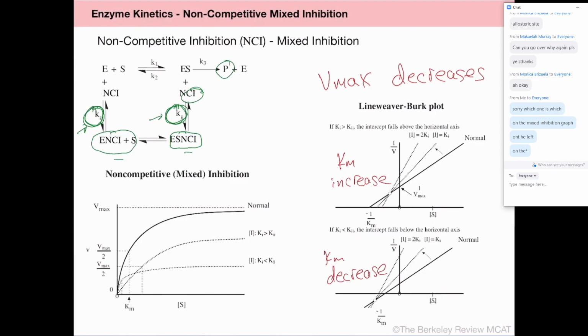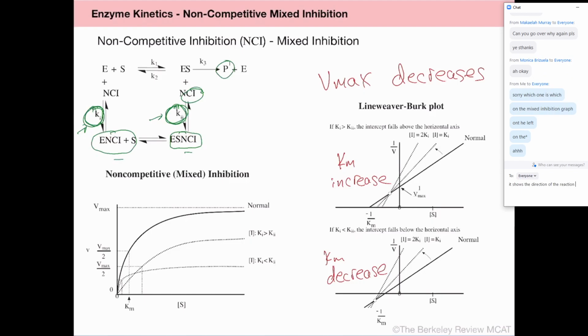It again depends on this, right? Does your enzyme prefer to bind to just the non-competitive inhibitor, or does it prefer to bind to the enzyme substrate complex with the non-competitive inhibitor? Okay, it just depends, right? Both of these are happening, but there's probably going to be a preference towards one of these versus the other.